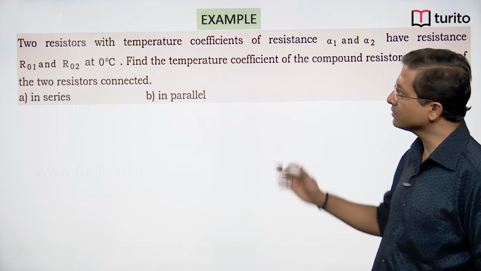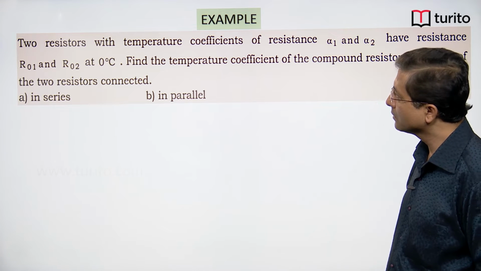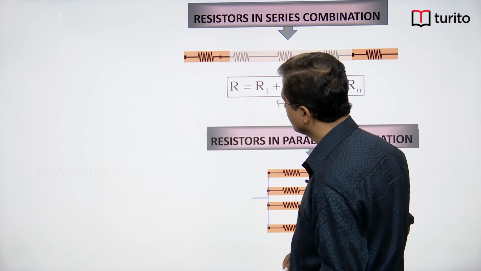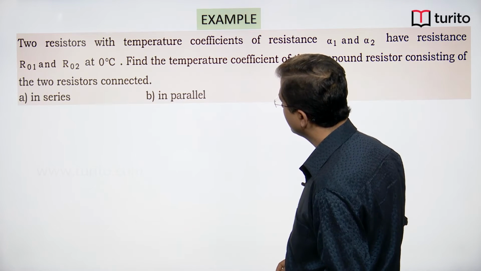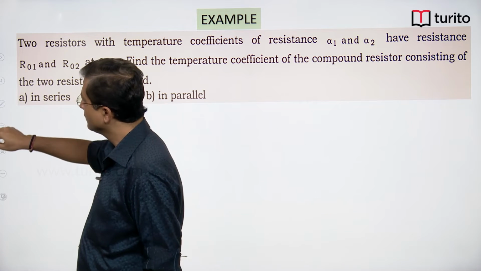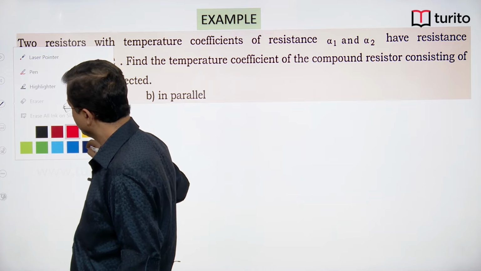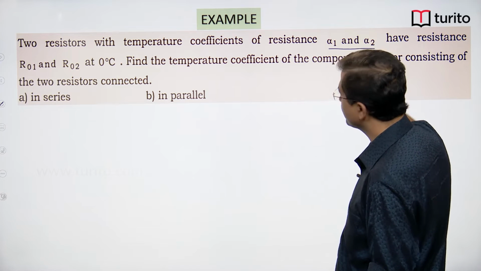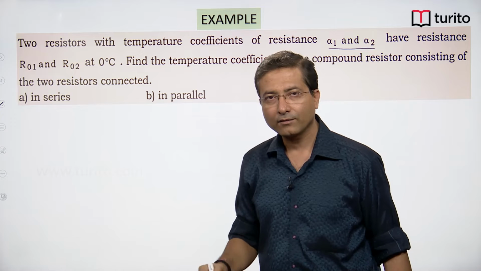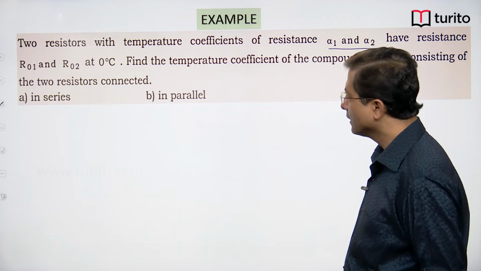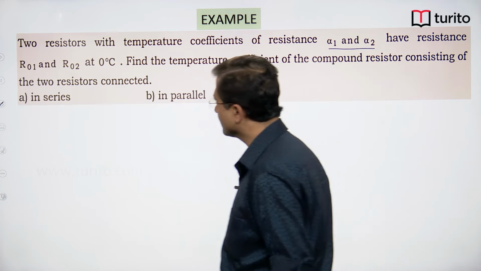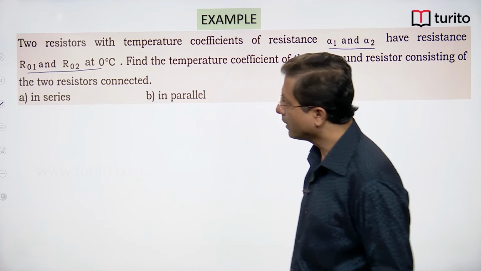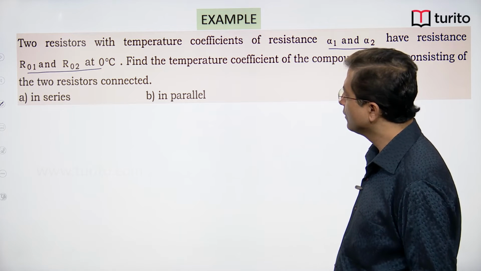According to the question, we have two resistors having temperature coefficients of resistance alpha 1 and alpha 2, and at 0 degree centigrade their resistances are R01 and R02.